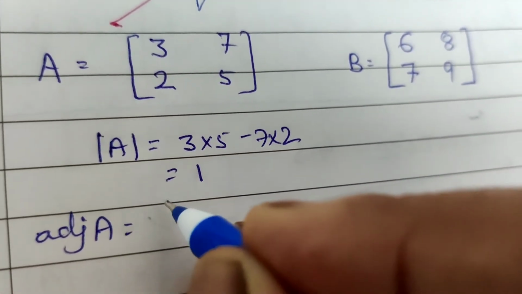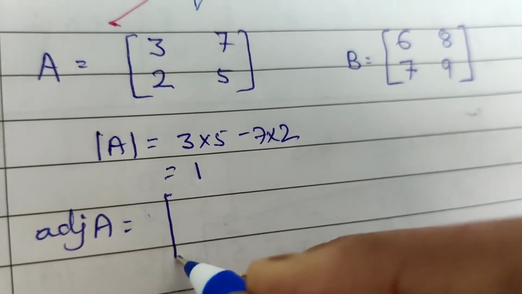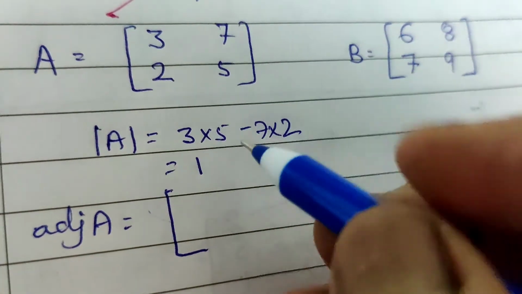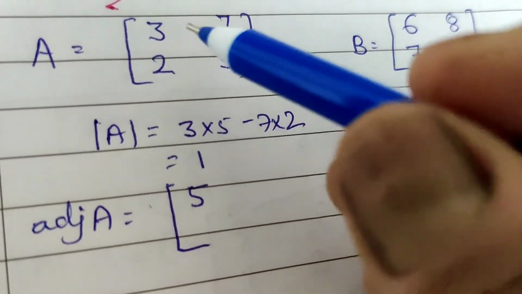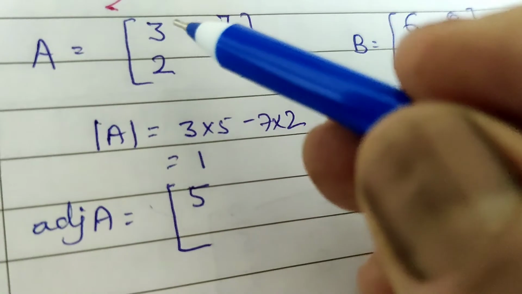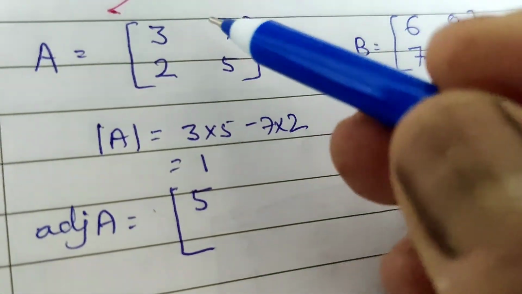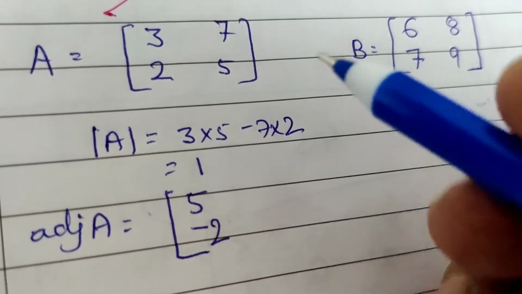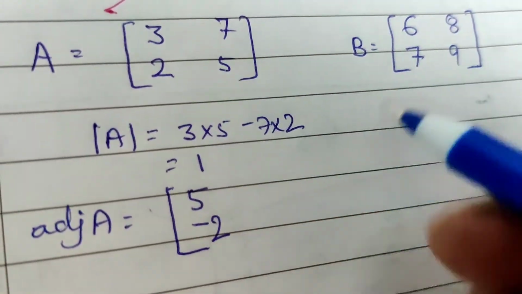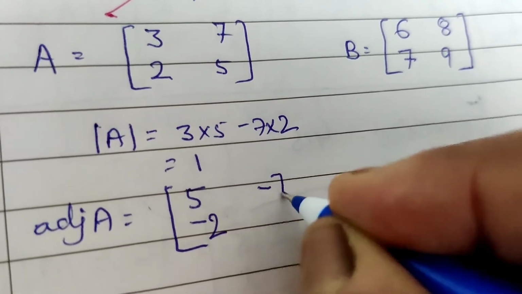Now the adjoint of A equal to the matrix: A11 is 5. A12, first row, second column, it is minus 2. And A21, second row, first column, it is minus 7.